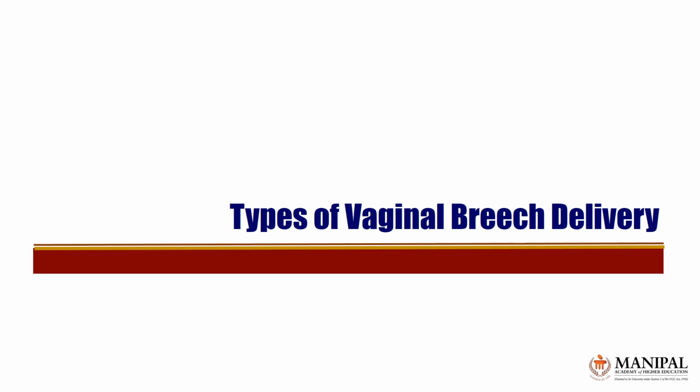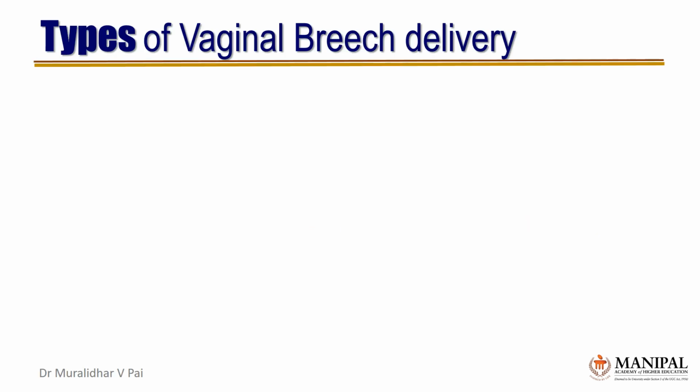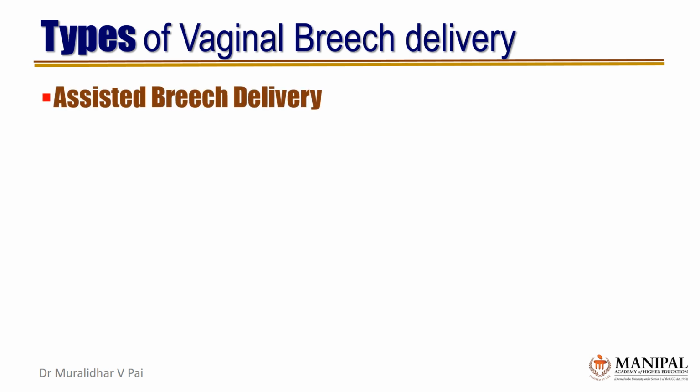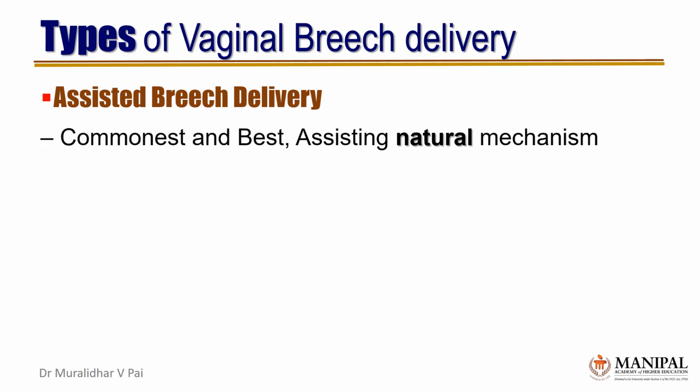Now let's see the types of vaginal breech deliveries. There are three types of vaginal breech deliveries. The first and the most commonly used is assisted breech delivery. Here, we simply assist the natural mechanism of delivery.